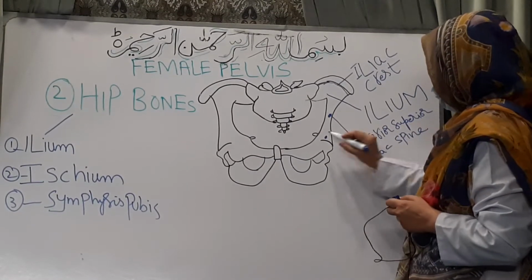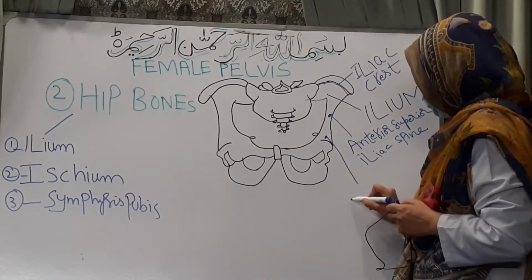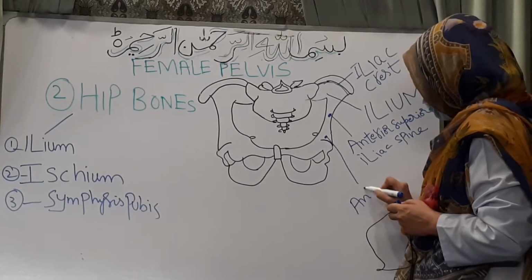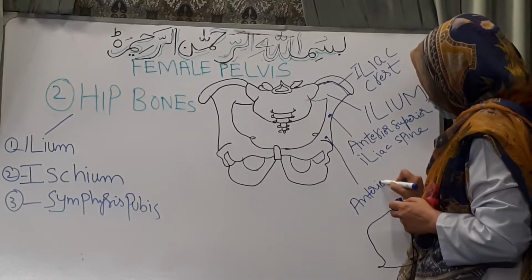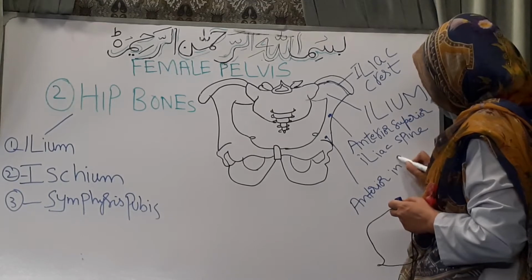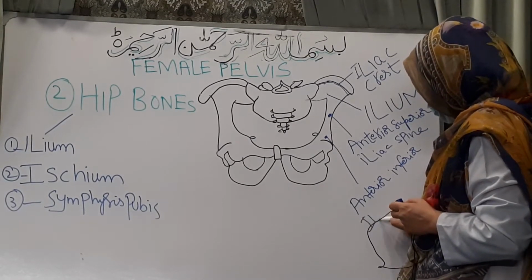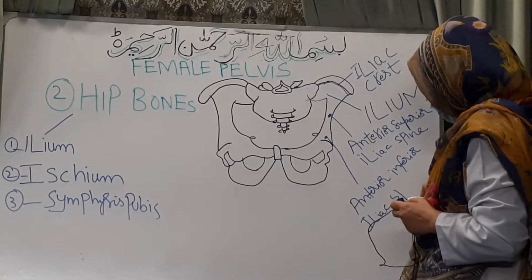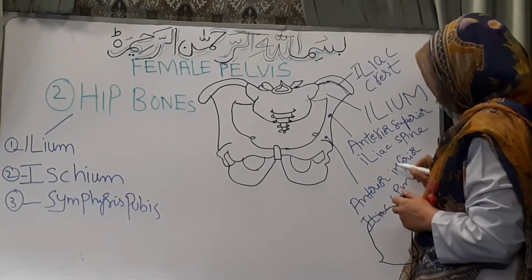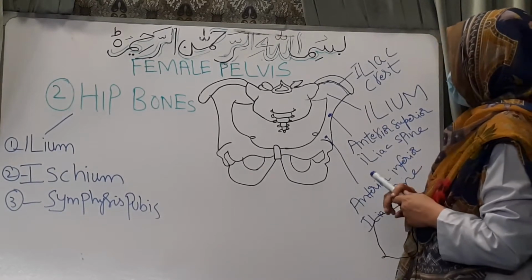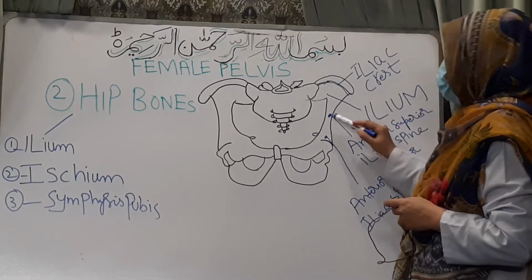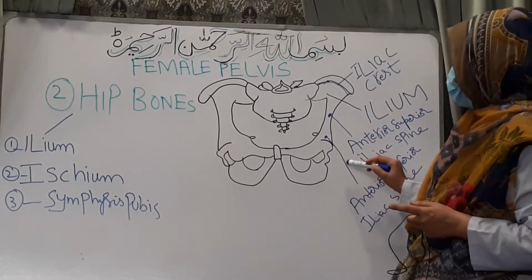Clear? This prominence is known as anterior inferior iliac spine. Superior, as the name is clear, superior means upper and inferior means lower.